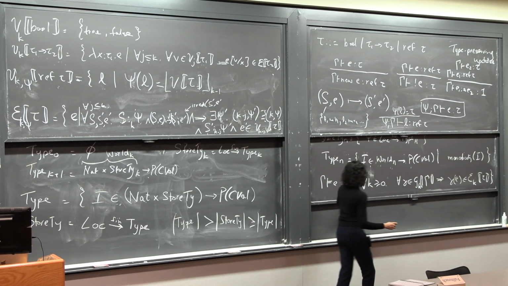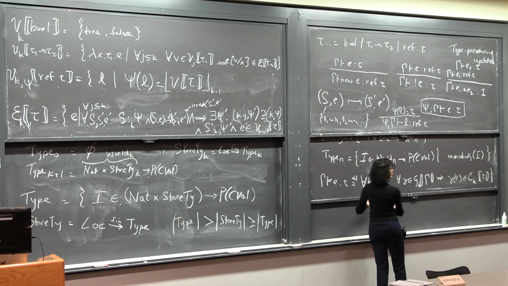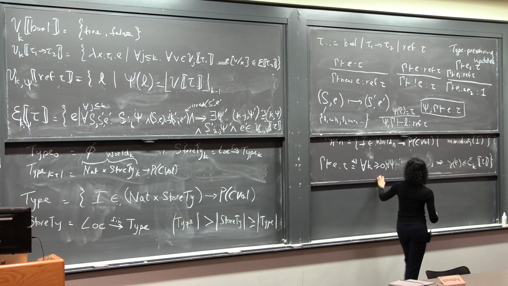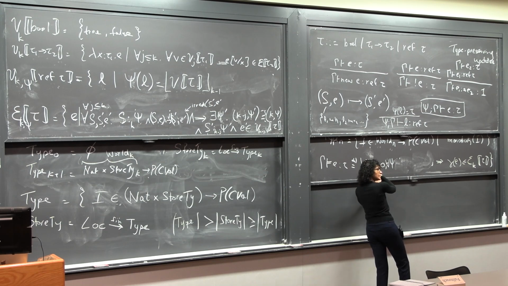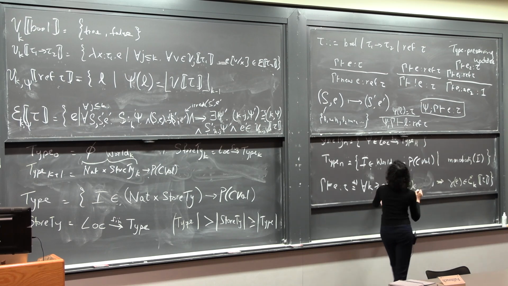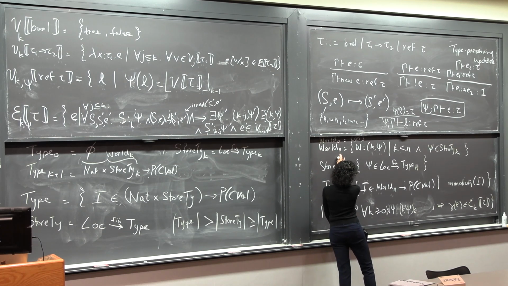So let's see what we have to do here. We have to say for all k greater than or equal to 0. We also want to say for all psi. We then want to make sure that if you've decided to be in the k world, then this combination of k and psi better be properly stratified and better belong to a world at level k, or k plus 1, I guess.